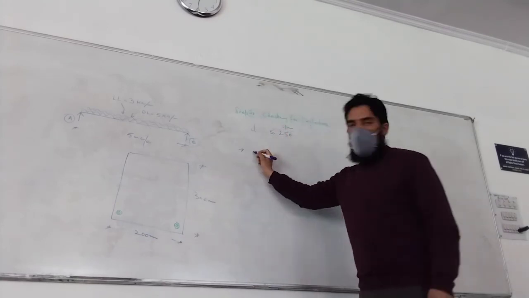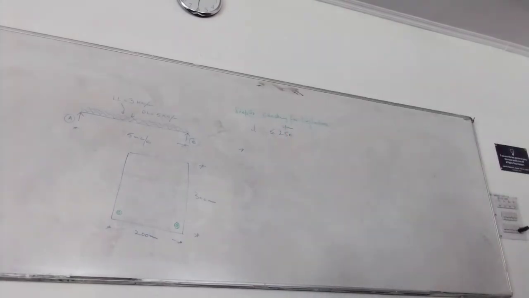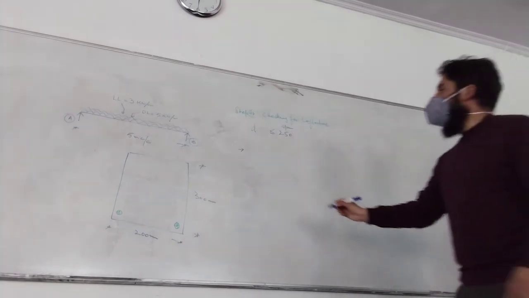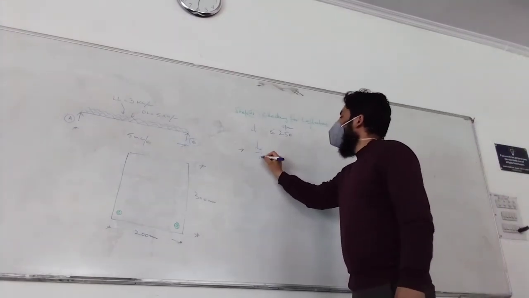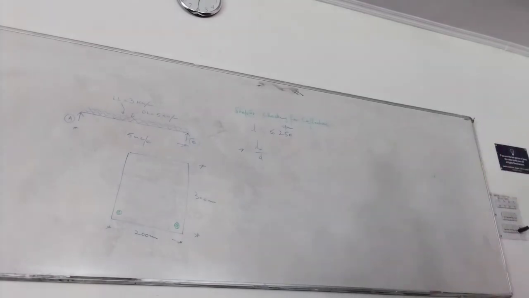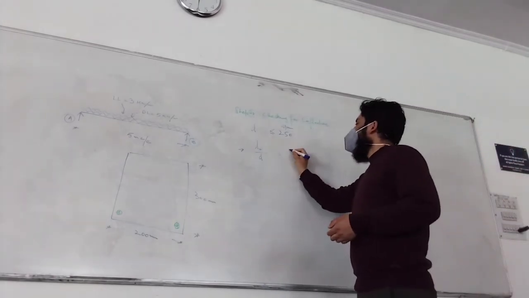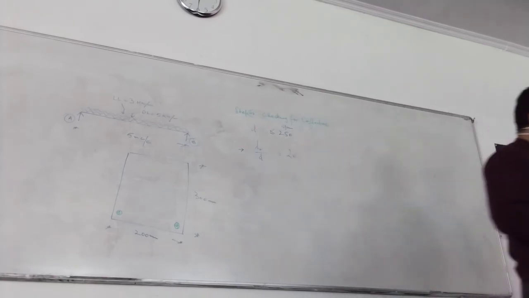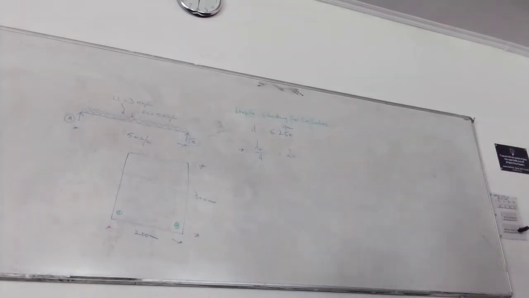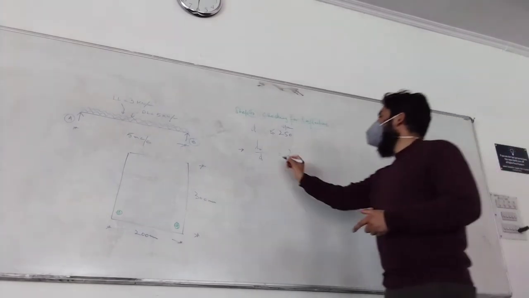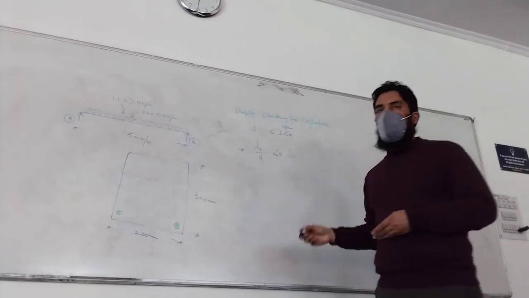The other check was L by D. The value of Lc by D has to be for simply supported 20, or less than or equal to 20.